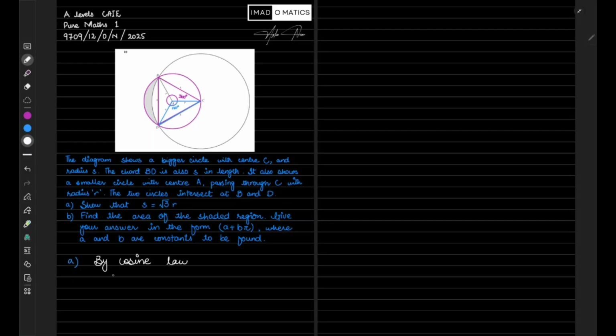S squared will be equal to, the opposite of this angle, R squared plus R squared minus 2R squared cos of 120 degrees.